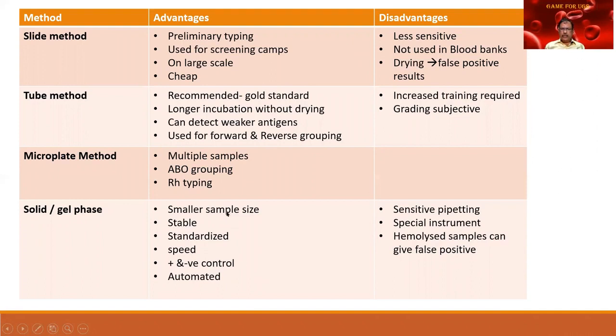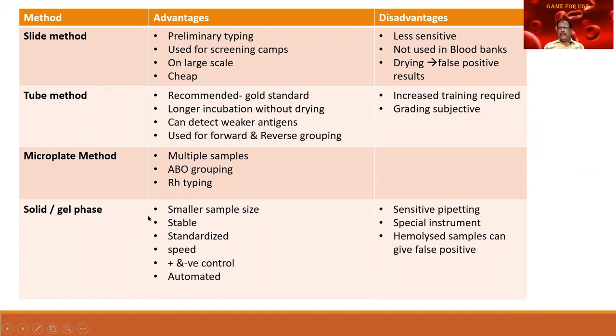You find that a very small sample size is required. It is stable, it is standardized, and there is speed. All yes. Please remember the yes. And the disadvantages, there is sensitive pipetting that is required, special equipment, and hemolyzed samples can sometimes give rise to false positive results. So these are the various methods.